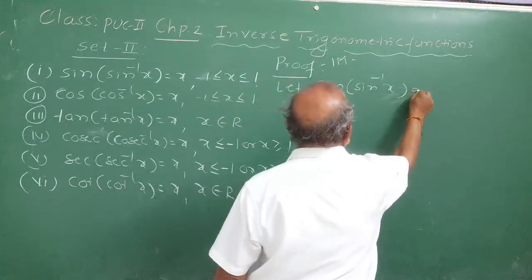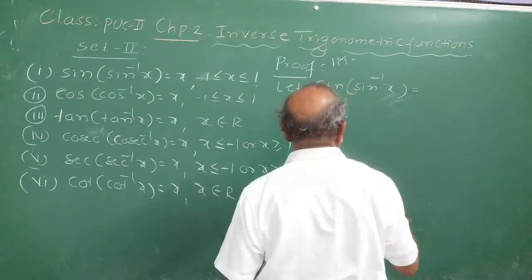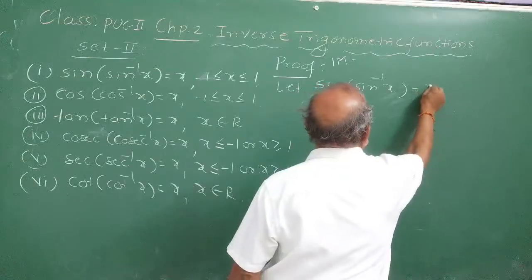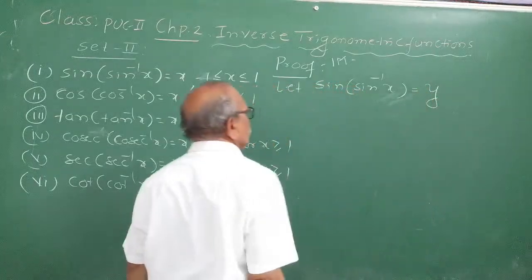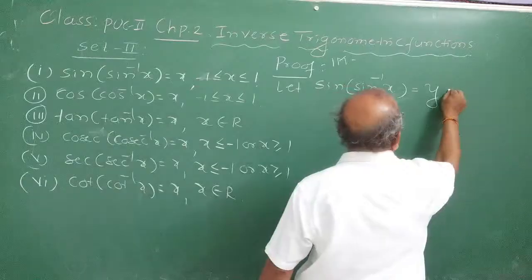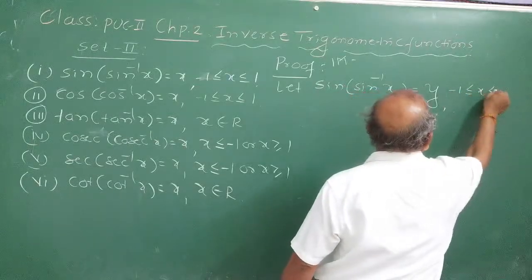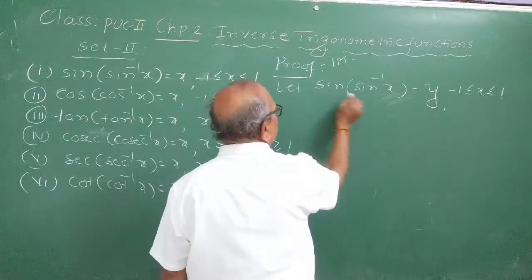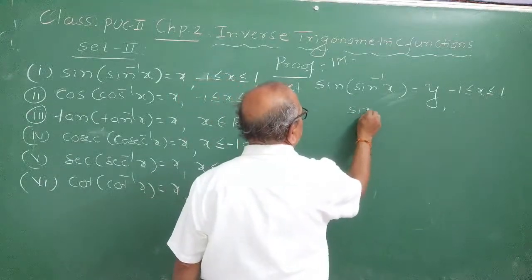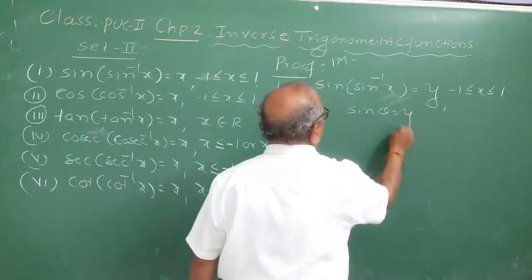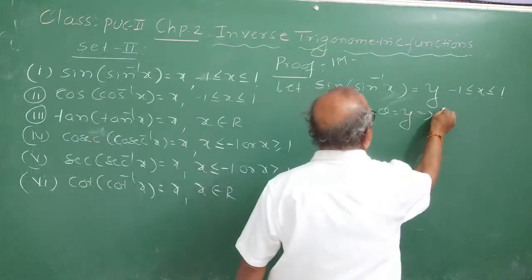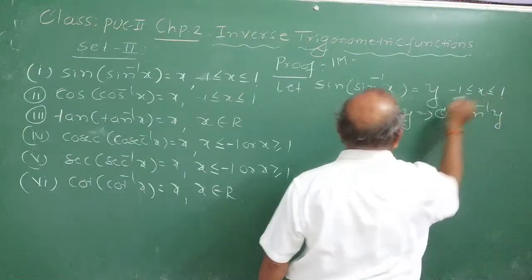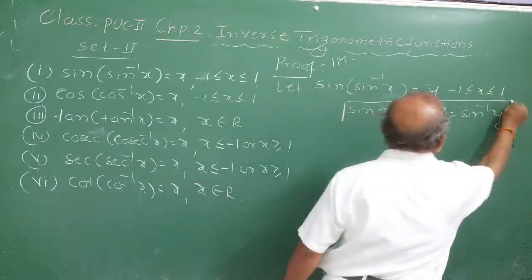Let us see how to prove this. Suppose the question appears for 1 mark. Let us assume that sine of sine inverse x is equal to y, where x lies between minus 1 to plus 1. When x lies between minus 1 to plus 1, if sine theta is equal to y, then theta is equal to sine inverse y by definition, when the restrictions hold good.